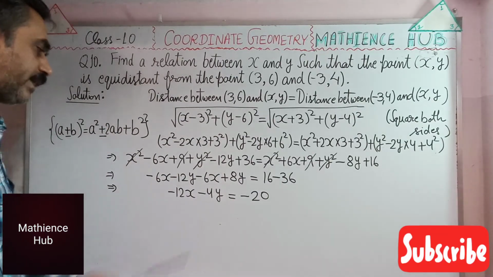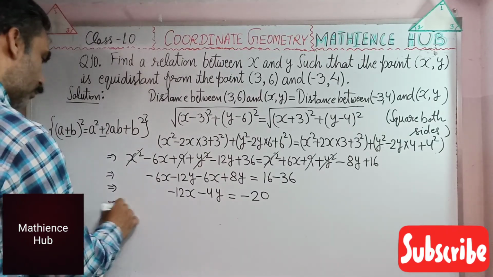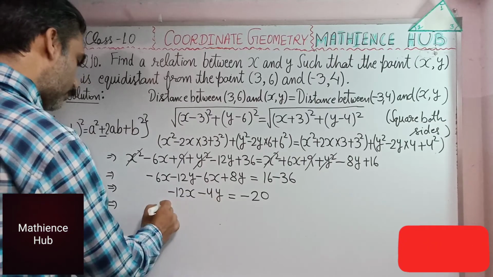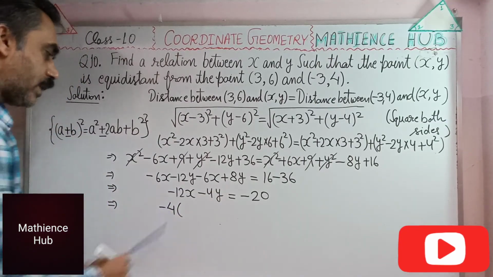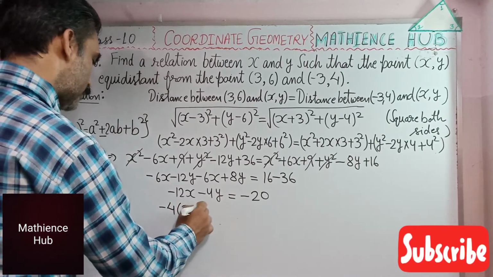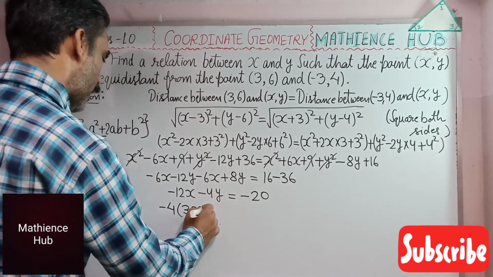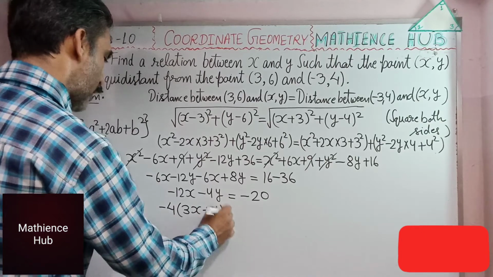Take common minus 4 on the left hand side. 4 3s are 12x, so 3x, 4 1s are 4y, so plus y.